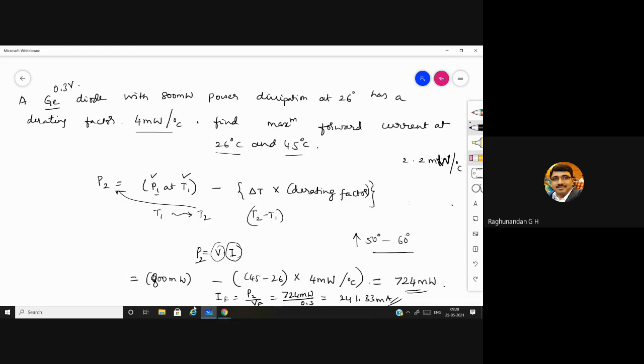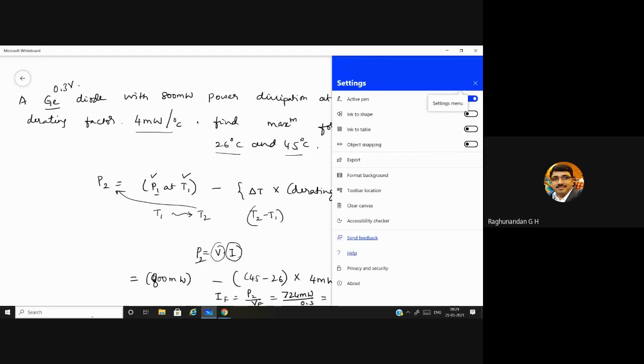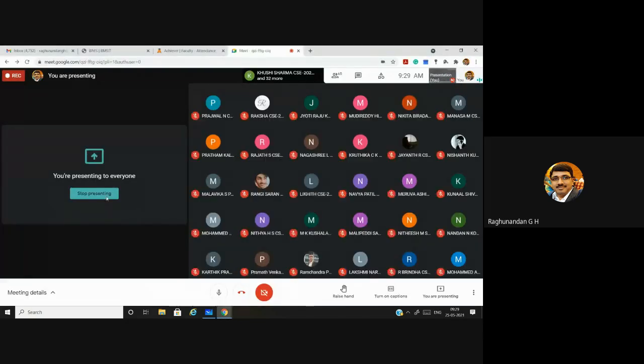Just look into the calculations properly. So these are the problems which you will be getting based upon the syllabus, whatever you have covered till now. So next, after this, we are having application that we will do in the next class.